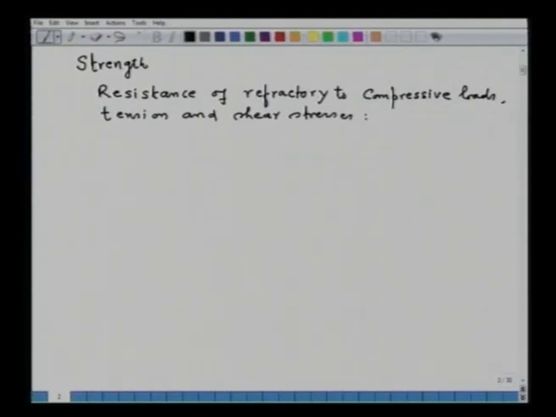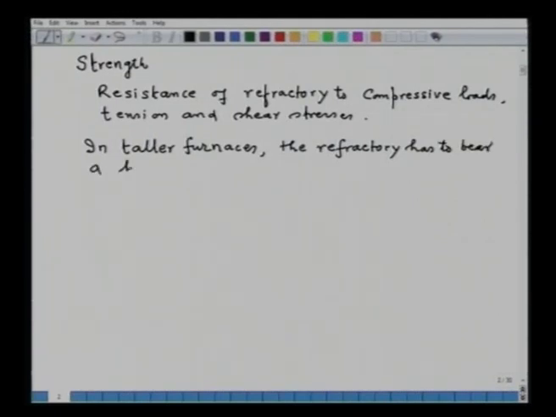Now, say for example, in taller furnaces, if you have a very tall furnace, the refractory has to bear a heavy load, and accordingly it is important that the refractory have sufficient strength.